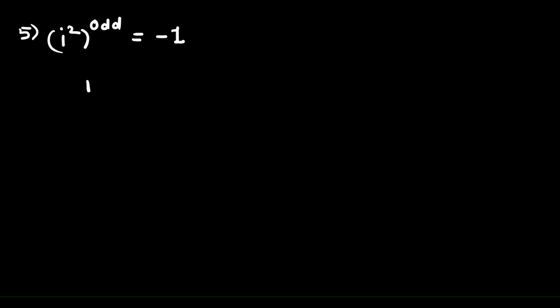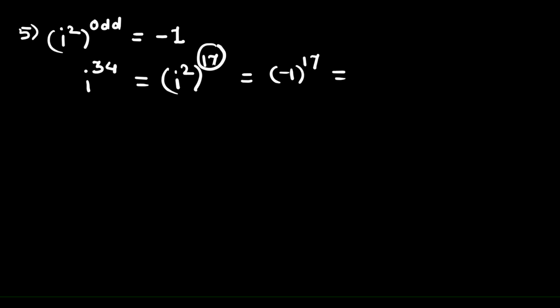For example, i to the power 34 is i square to the power 17. Since 17 is an odd number, we get -1 to the power 17, which is -1. Therefore, i square to the power of an odd number is -1.